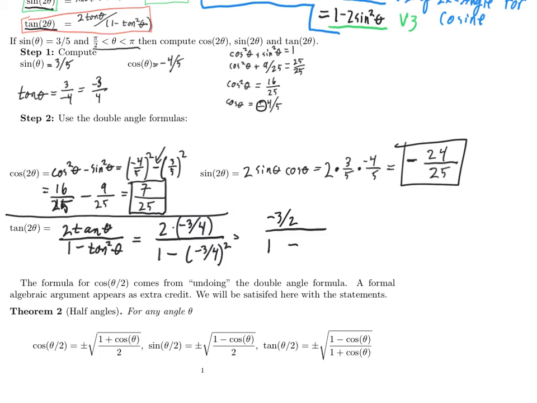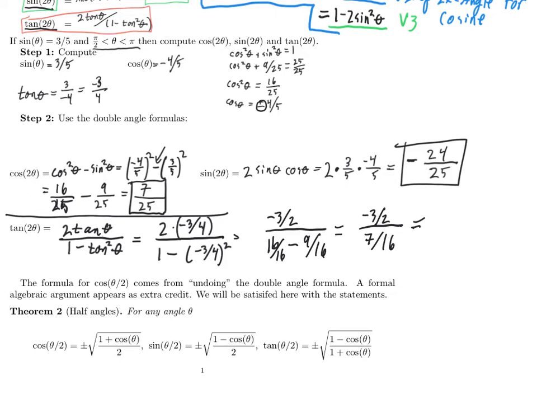This negative sign will go away because it's being squared. 3 squared is 9, 4 squared is 16. So that's negative 3 over 2 all over, let's see, 1, I can rewrite that as 16 over 16. 16 minus 9 is 7 over 16.